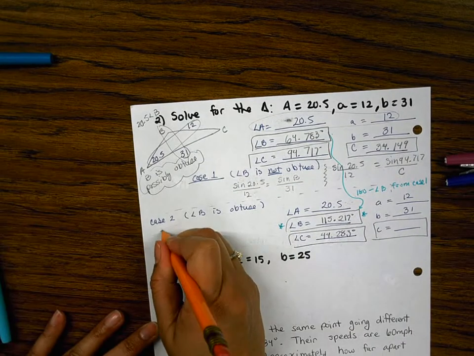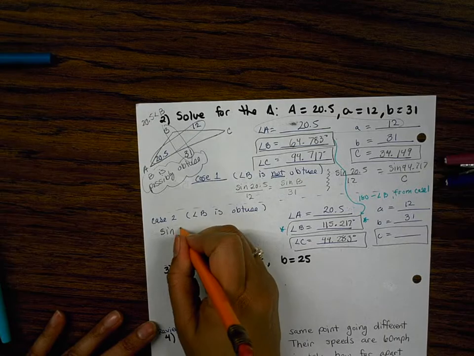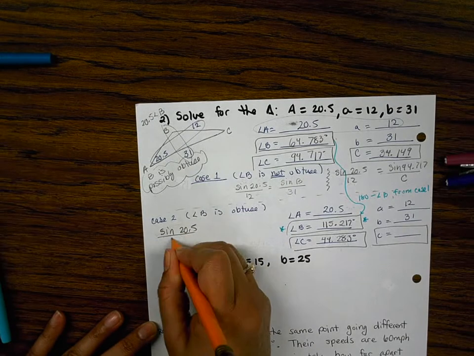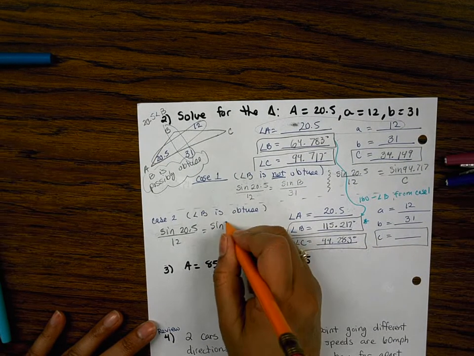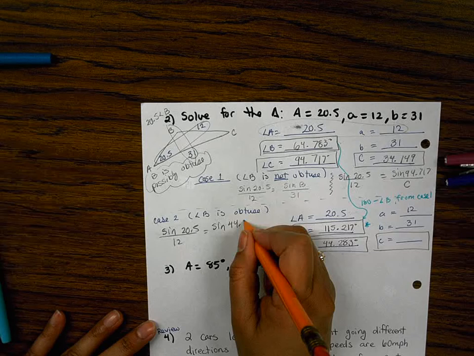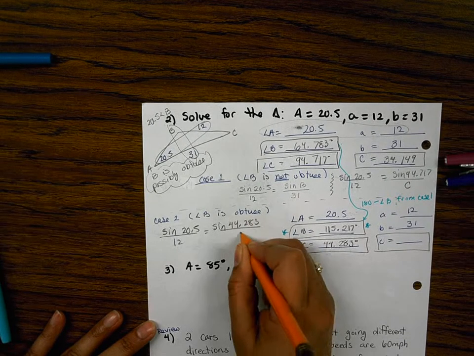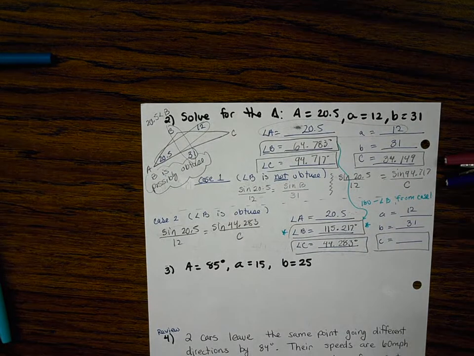Sine of 20.5 over 12 equals, I'm looking for C, so sine of angle C, 44.283 over little c. Cross multiply, divide, do that now.